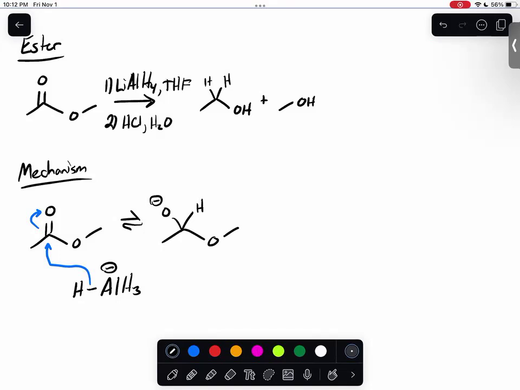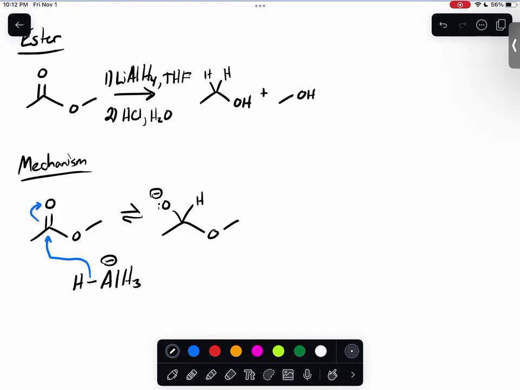Here's the thing though. When we're looking at this, this is not going to be as stable as if these electrons drop down and kick out this oxygen. And the reason for this is you can imagine that by kicking out that oxygen, we have now gotten an entropy benefit because we have generated more molecules than what were in that tetrahedral intermediate.